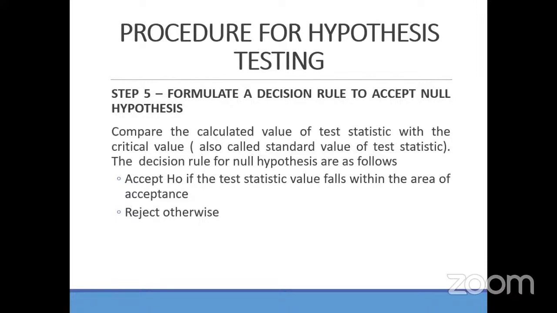It is wrong to say that we accept the null hypothesis, so we say we do not reject it. Why am I not saying we accept the null hypothesis? Because everything we are trying to claim and research is based upon a sample, so it may happen that for a different sample, the results will be different. It's more like the case of the accused in court, where the judge gives his judgment.